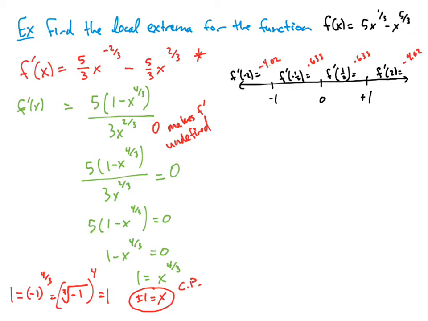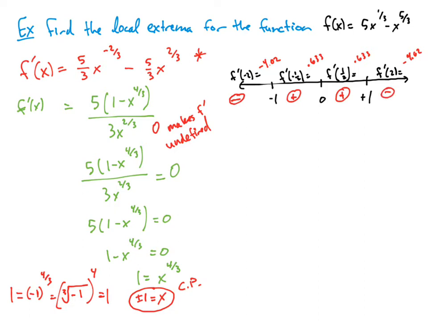Looking at the signs inside these intervals, we're negative in the first interval, positive in the next, positive again, and then negative.